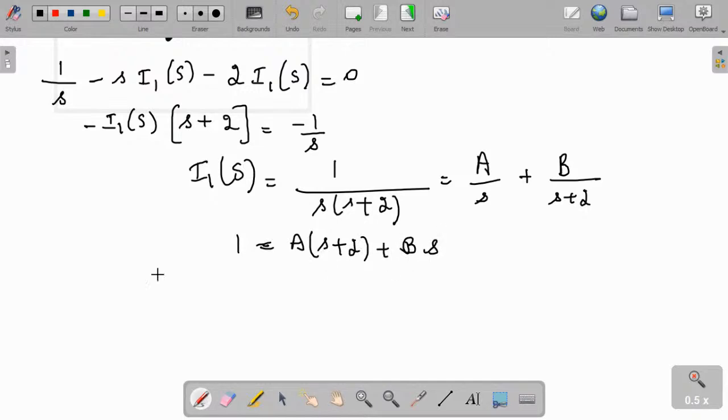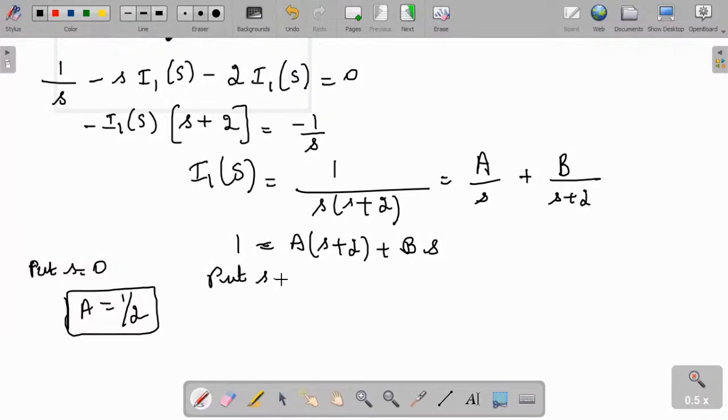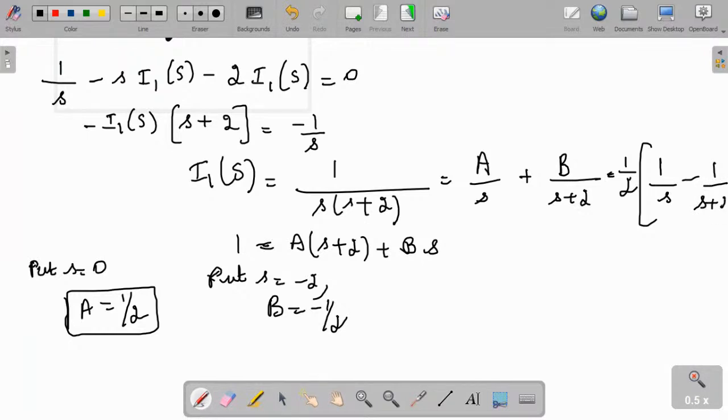The denominator is on both sides, so I cancelled it and wrote directly. So put s equal to 0, you get a equal to 1 by 2. Similarly put s equal to minus 2, so b will be equal to minus 1 by 2. So the I of s expression: taking 1 by 2 common, we get 1 by s minus 1 by s plus 2. Right?